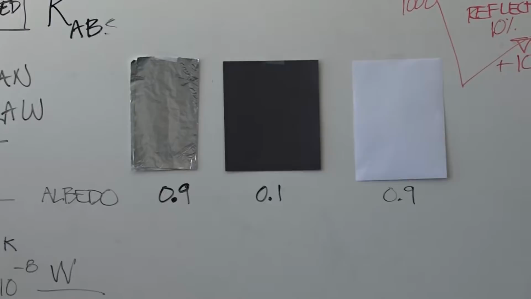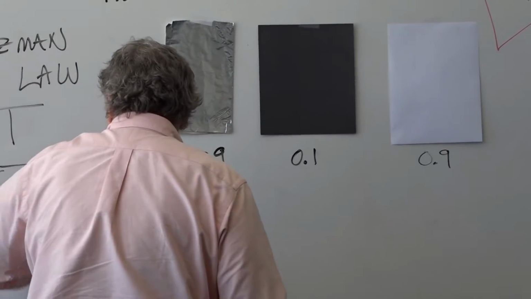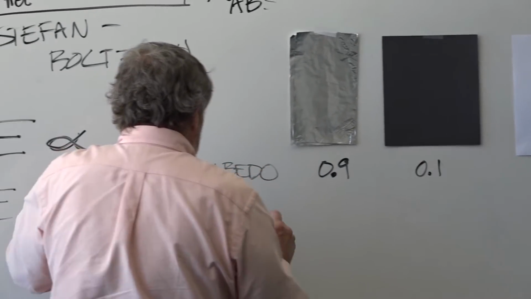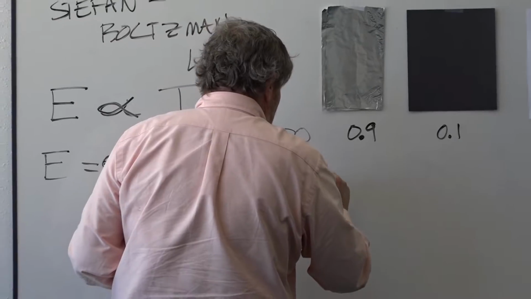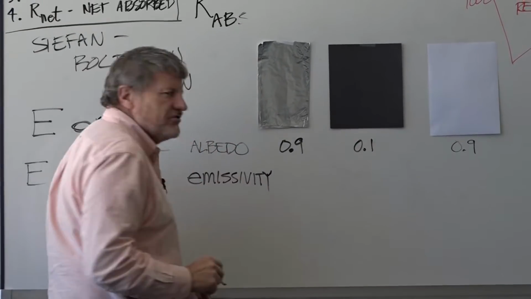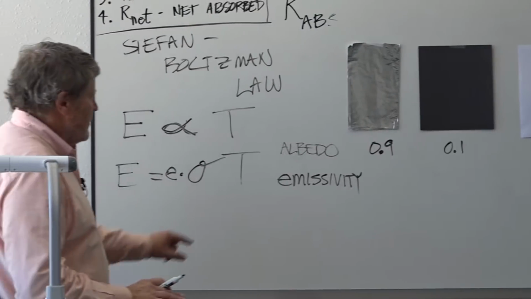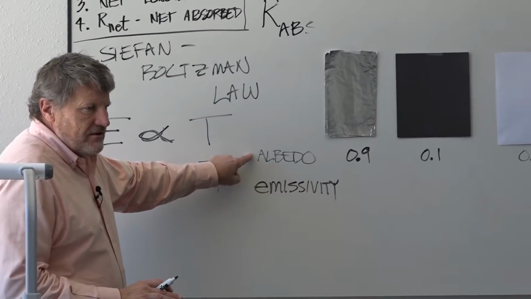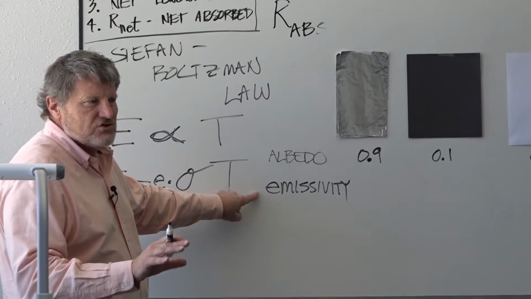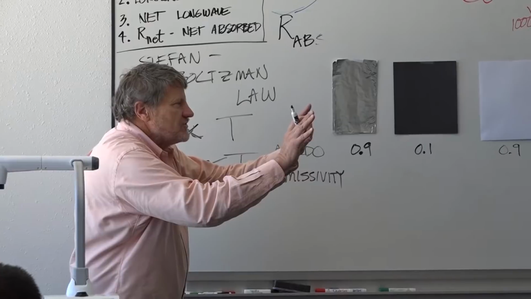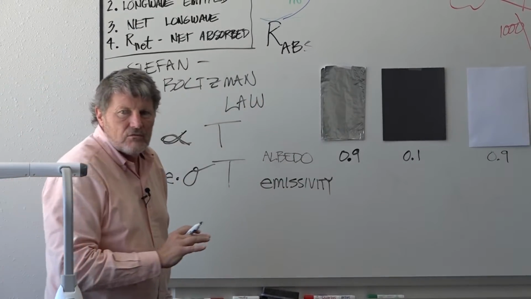Okay, now let's do, right below this, giving ourselves plenty of room to see it, emissivity. Completely different concept. This is reflected, this is emitted from the surface. So this, as the surface gets warm, it's the ability to give off long-wave radiation.